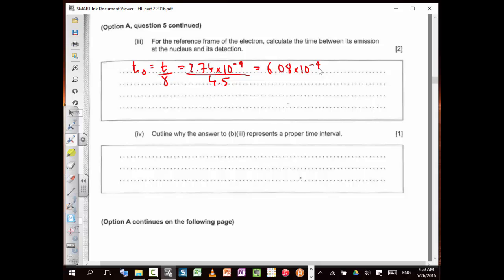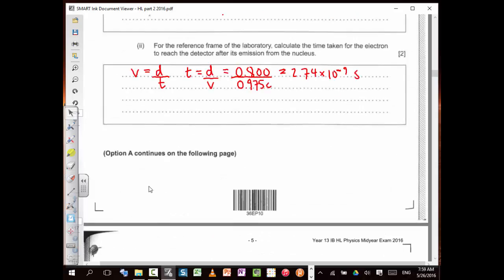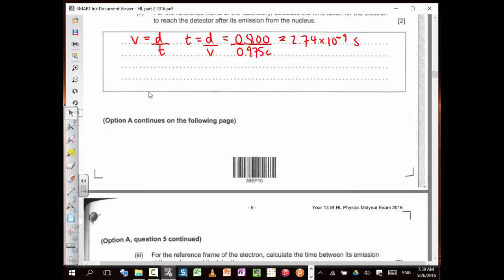Alternatively, what we could do is use the fact that we know how far the electron has traveled because its length is contracted. So we know that D is going to be, what did we work it out to be? Let's go back and have a quick look. 0.178.